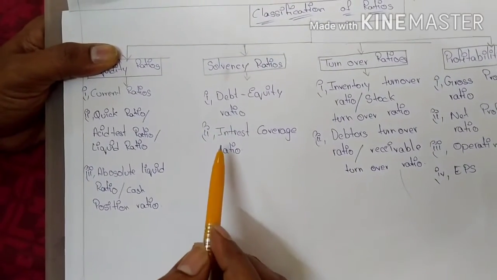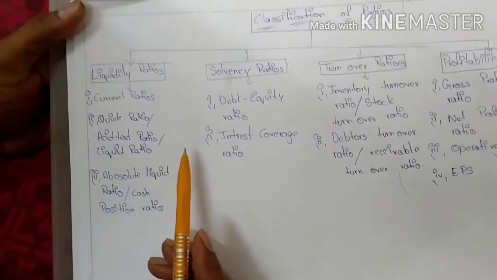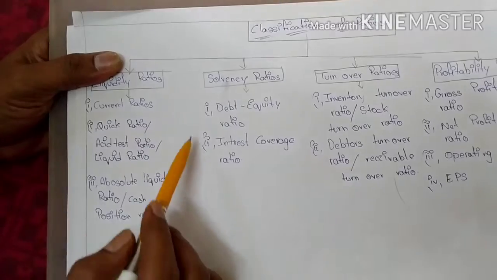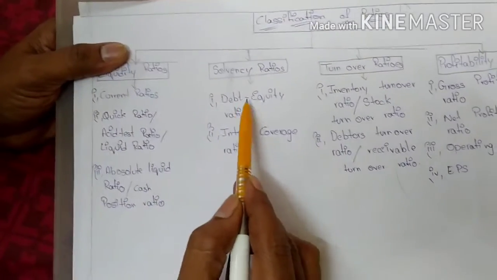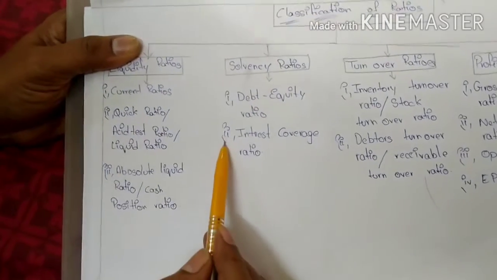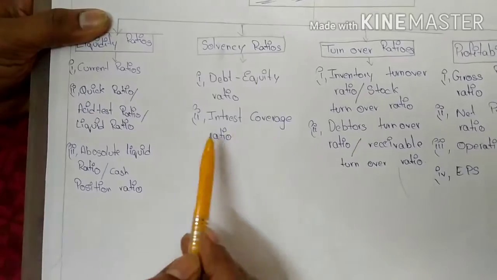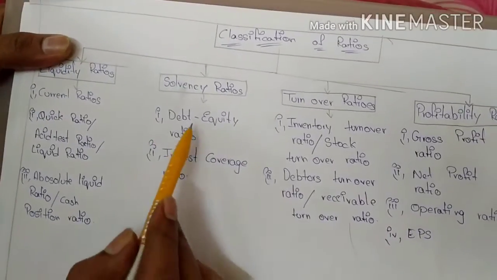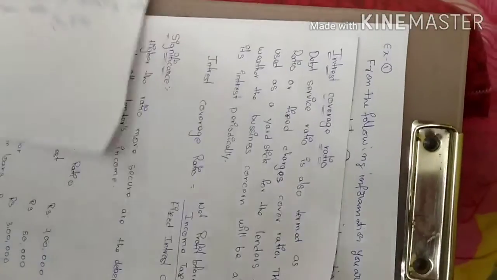These situations are known by solvency ratios. To know this, there are two things: one is the debt equity ratio and another is the interest coverage ratio. We will discuss each term in depth.